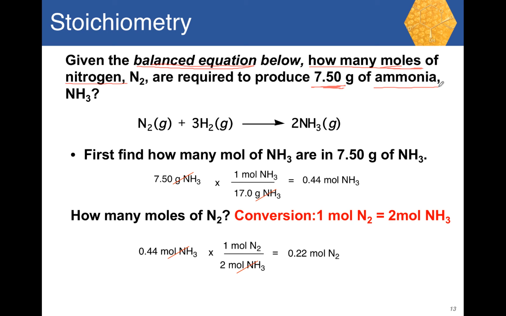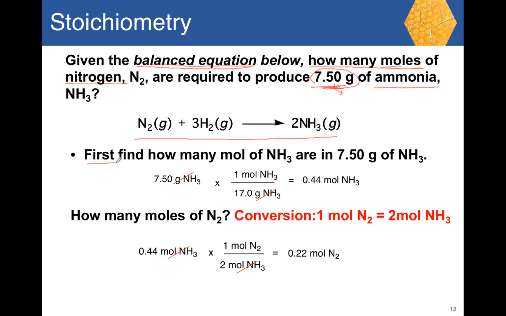Notice we're not asking here for moles of ammonia as we did in the last question. Now we're given grams, so as you can imagine, we're going to have to convert this into moles at some point. Make sure the equation is balanced, and it is balanced.